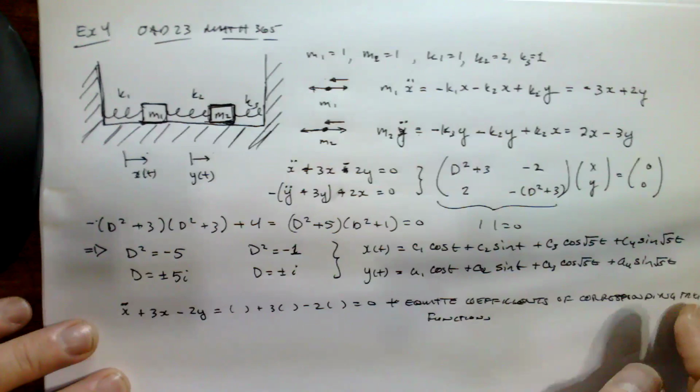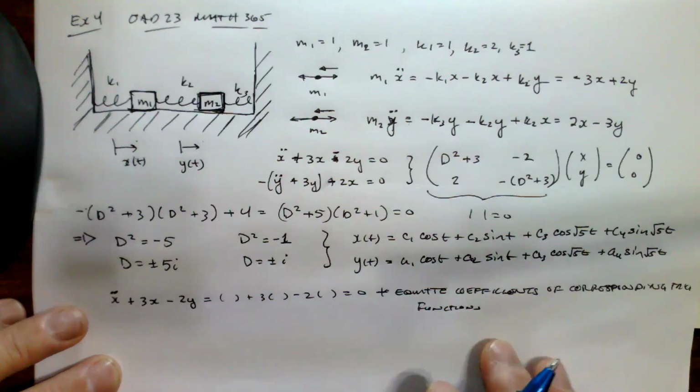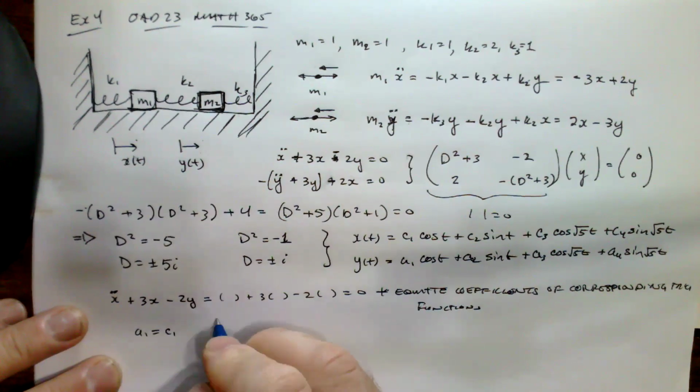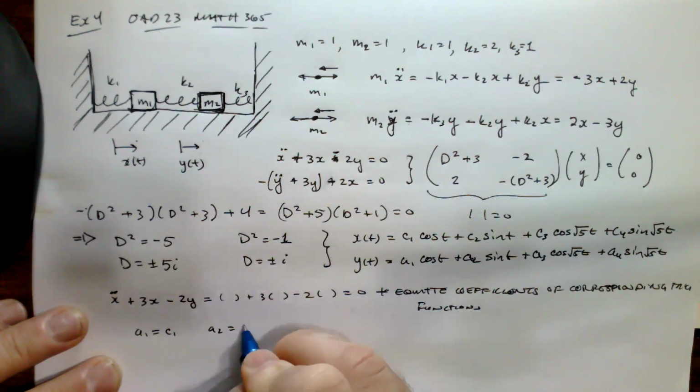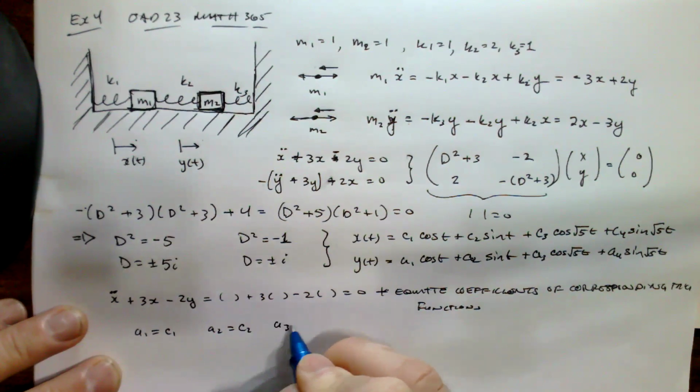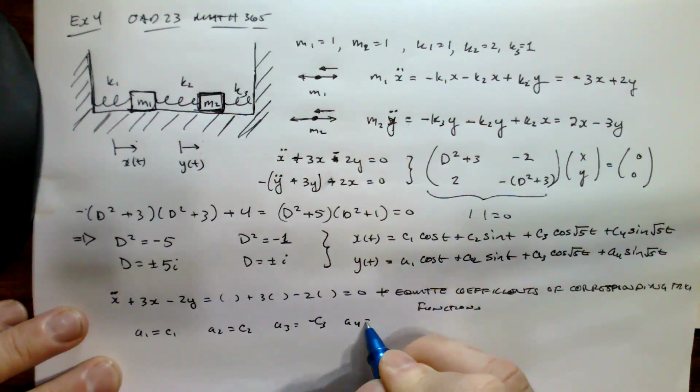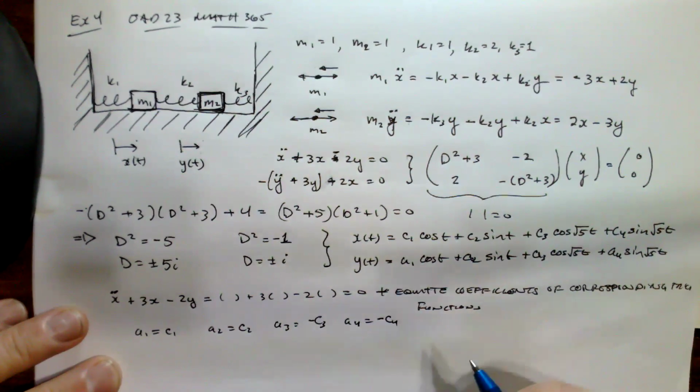If you do that, you should find pretty quickly that A1 is equal to C1, A2 is equal to C2, A3 is equal to minus C3, and A4 is equal to minus C4.